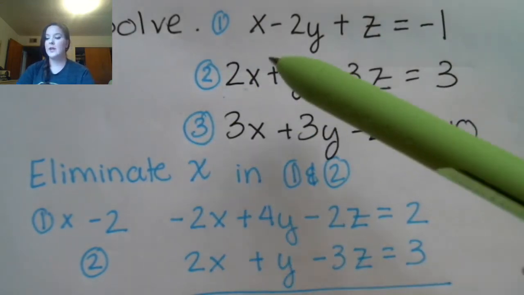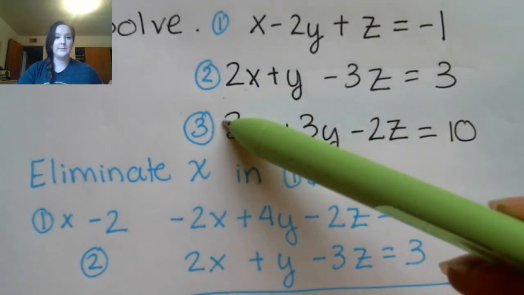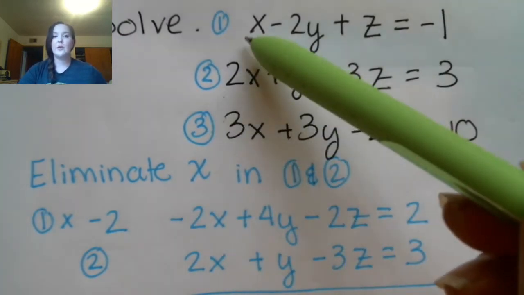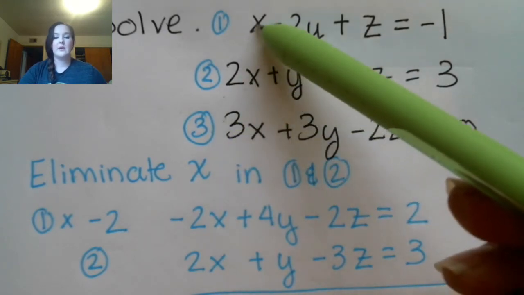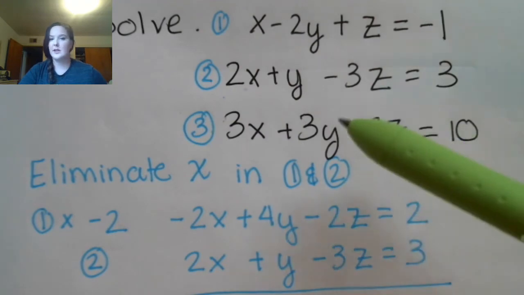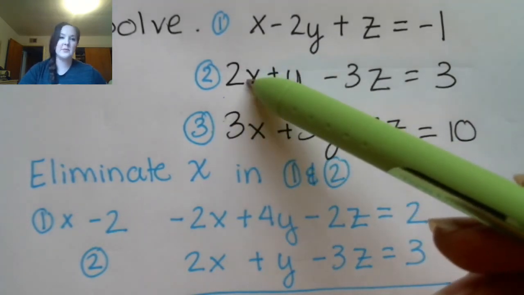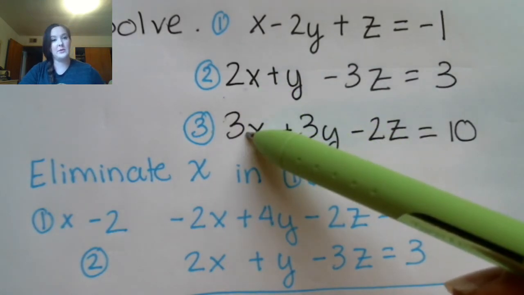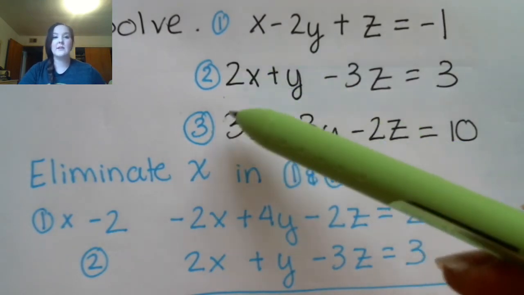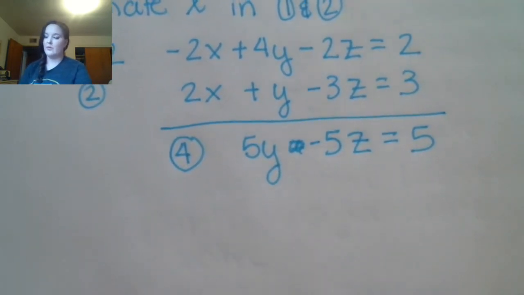So we can either pick 1 and 3 or 2 and 3. If we eliminate using 1 and 3, we could just multiply this by -3, so that's pretty easy. If we want to eliminate using these two, we have to multiply this one by 3 and this one by 2, so that's a little bit more difficult. So we're going to eliminate using 1 and 3.